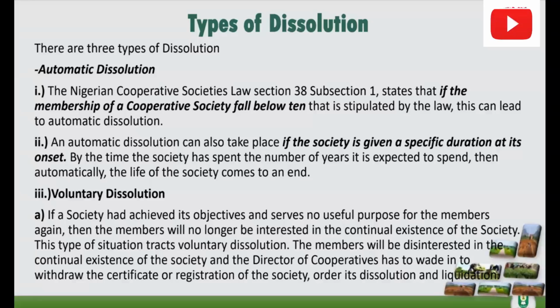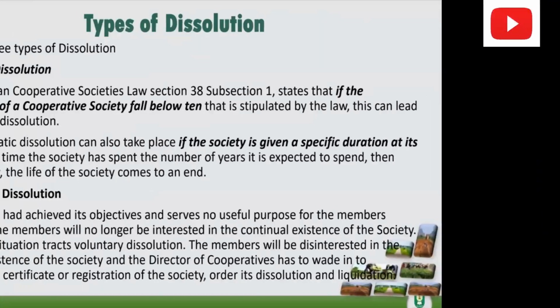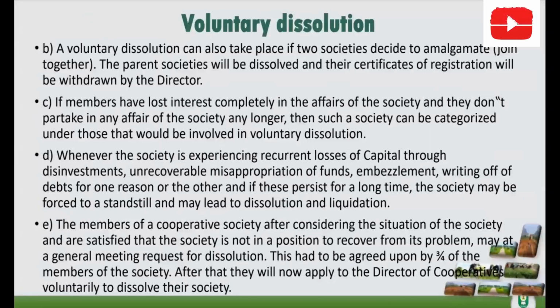That is the first way a voluntary dissolution can happen. The second way is if two societies decide to amalgamate, that is, join together. The parent societies will be dissolved and their certificates of registration will be withdrawn by the director of cooperative.